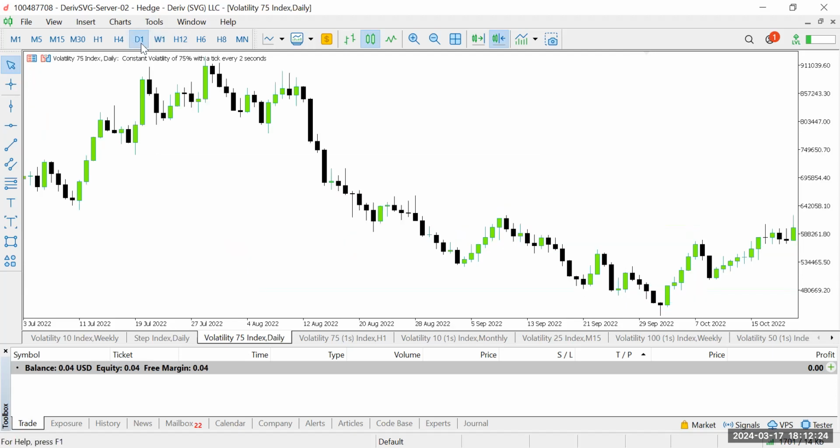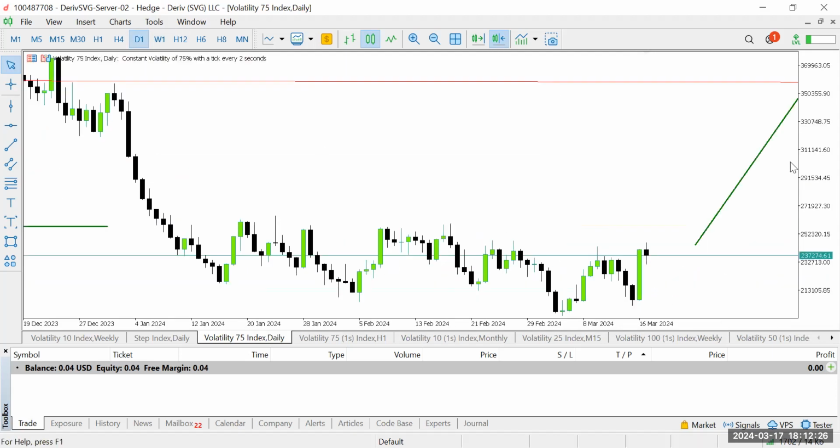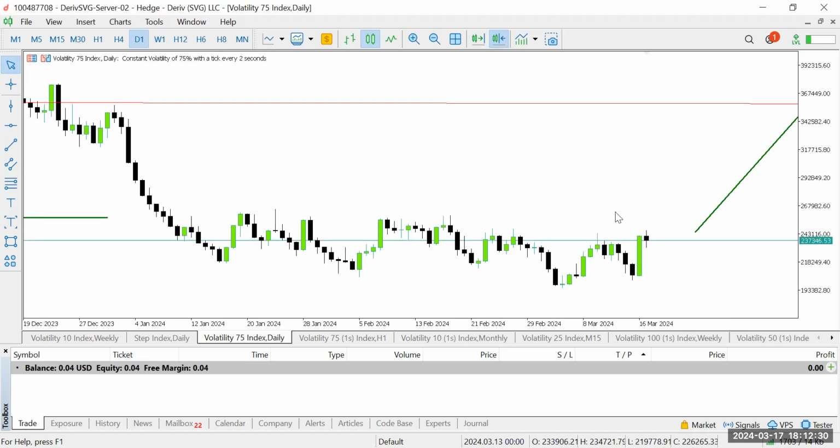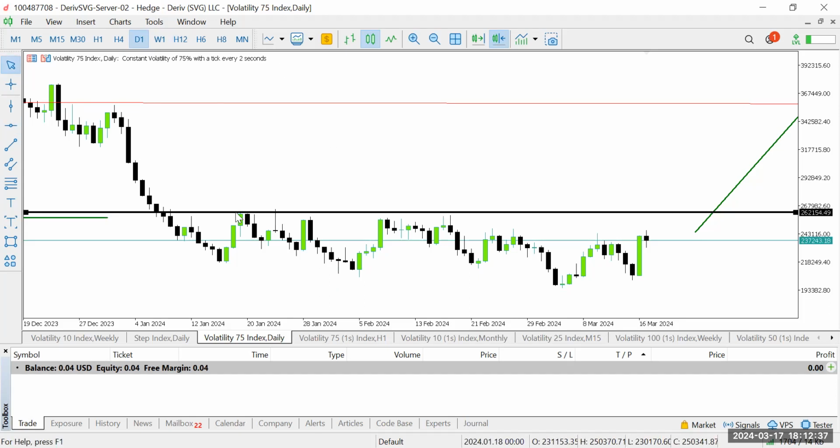Going down to our daily, we see exactly the same thing. So what I would like to see on the daily in order to consider a buy move is I would like to see price clear out of this liquidity pool, give us that strong push to the upside, leaving behind a fair value gap, and then price coming back to fill that gap partially or fully before we see that continuation.